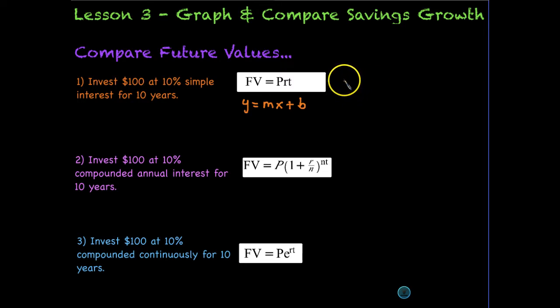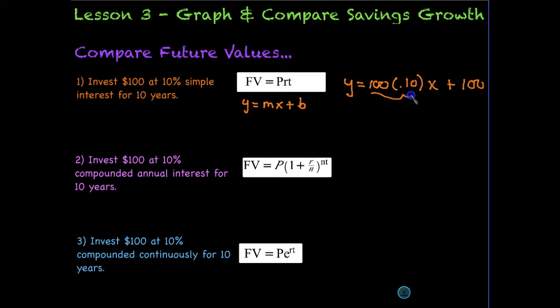So we don't know the future value amount, we'll call that y. But we do know that our present value, or our principal, is $100, and our rate is 10%. Our time is x, and then we want to know the future value, so we would need to add that $100 back in at the end.